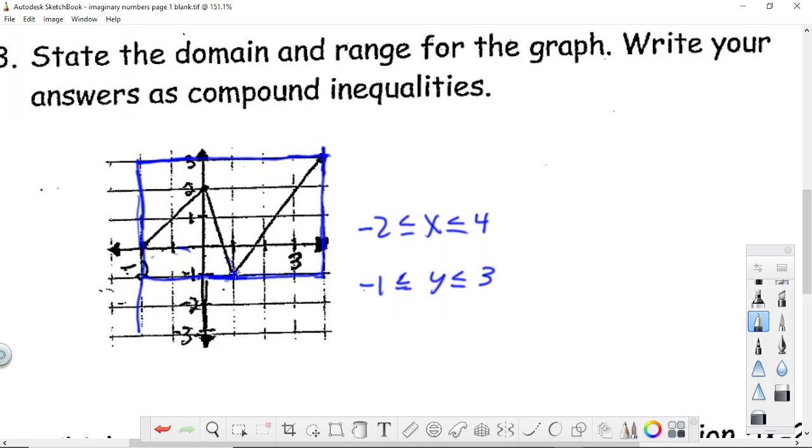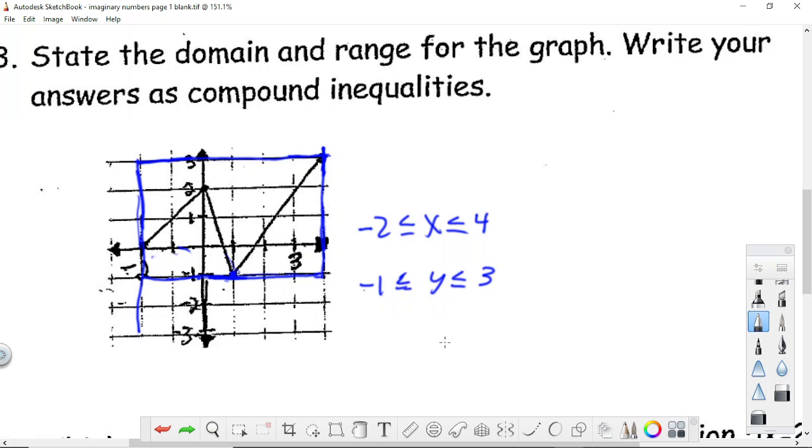How far down can you go and still have possible y's, and how far up can you go? So you go down to -1, and that's that. You could go up to 3, and that's that. And for that same box, we'll show you how far to the left you can go for x, back to -2, and how far to the right, and that's 4. Okay.